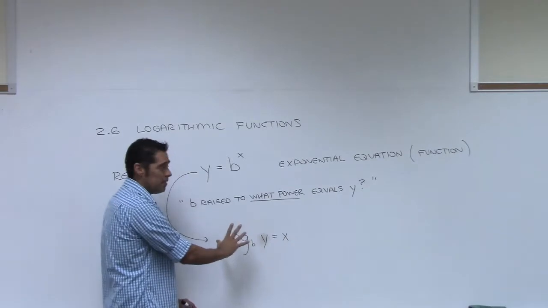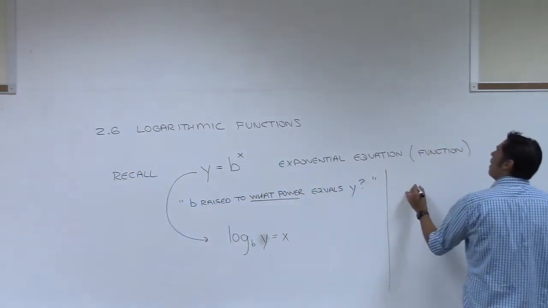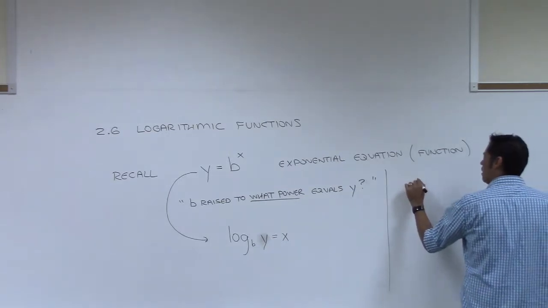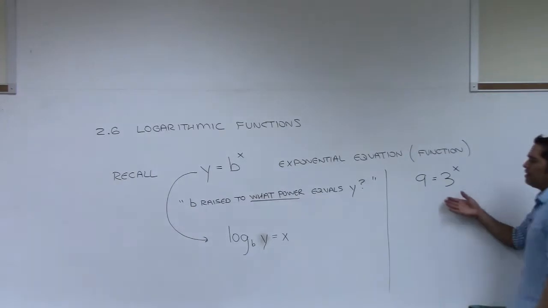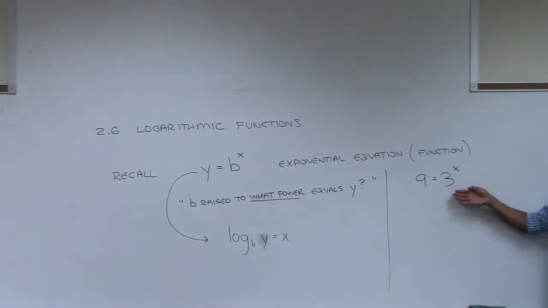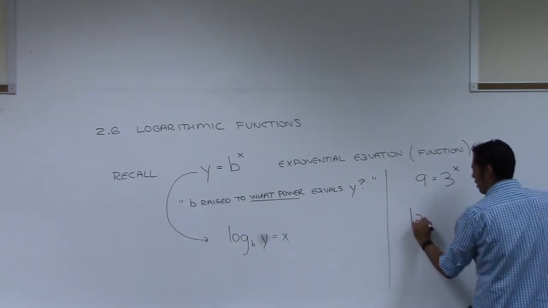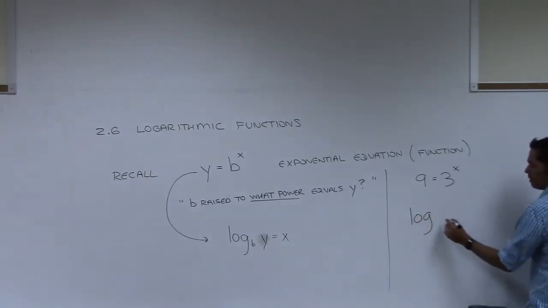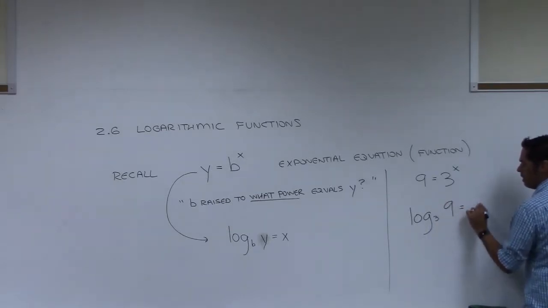Let me do this same thing with the examples I just had on the board. What was that first one I had? It was 9. So if we do 9 equals 3 to the x, what would the equivalent way of writing that be using the log? You always write log. What would the subscript be? 3, and then 9, and then equals x.